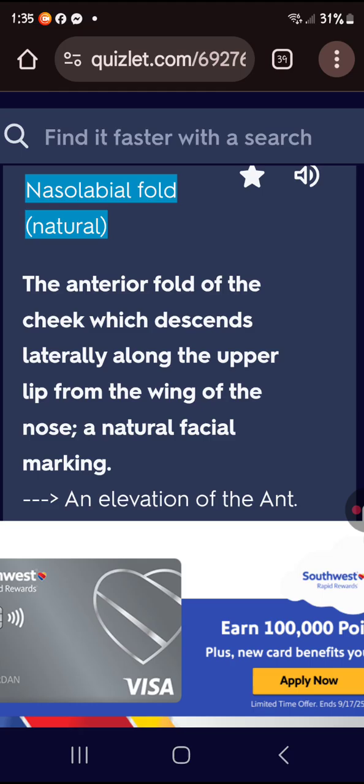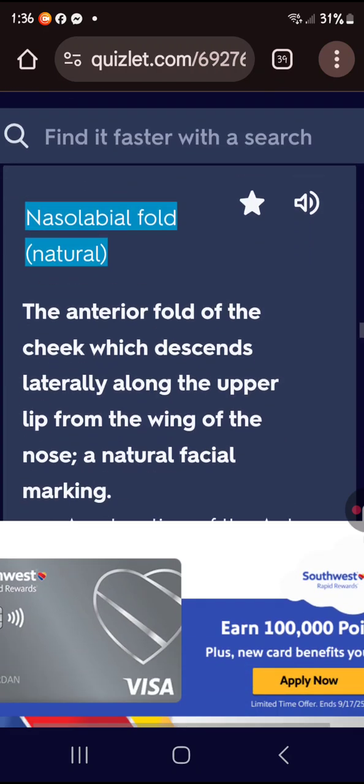The nasolabial fold is the anterior or front fold of the cheek, which descends, goes down laterally along the side, along the upper lip from the wing of the nose. So it's the fold of the cheek that goes down the side of the cheek along the upper lip from the wing of the nose. So it's just that little fold in the cheek that's always there since you're born, between the nose and the lip and the cheek.